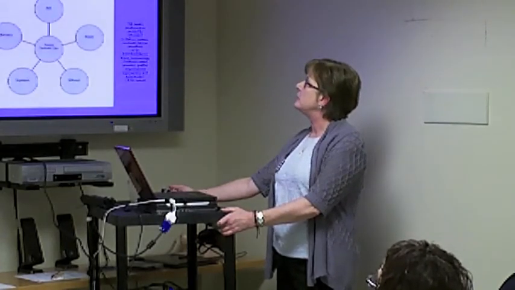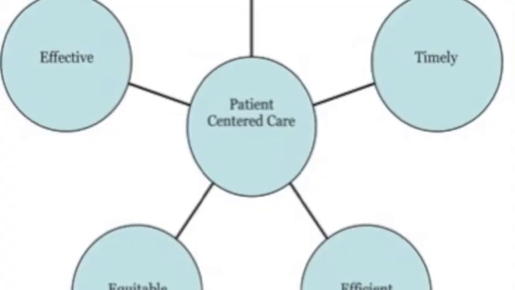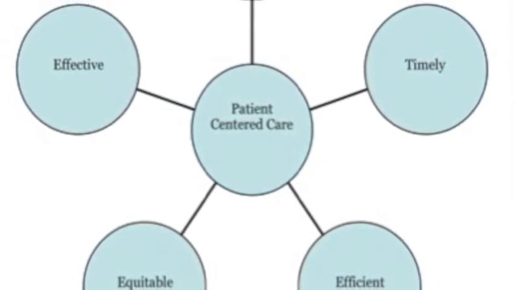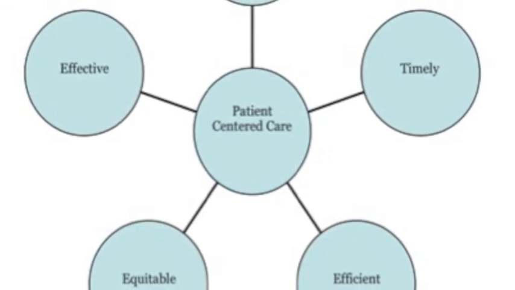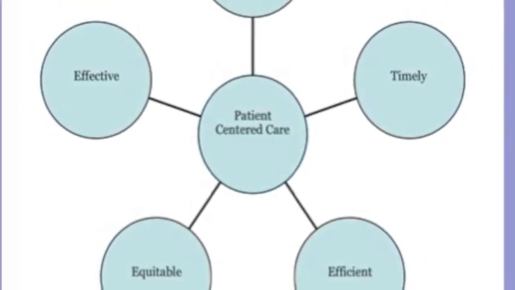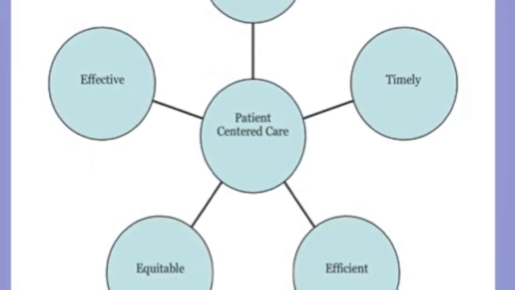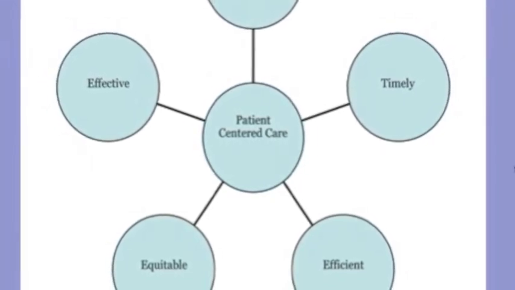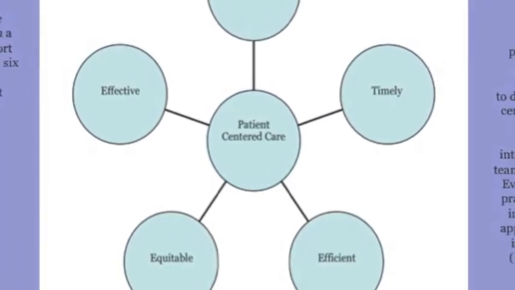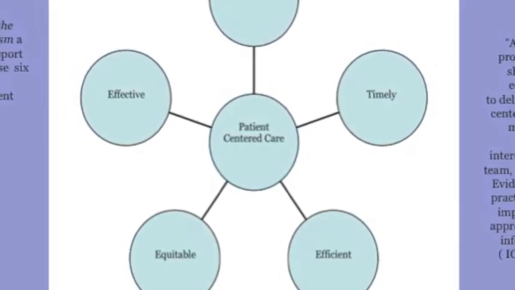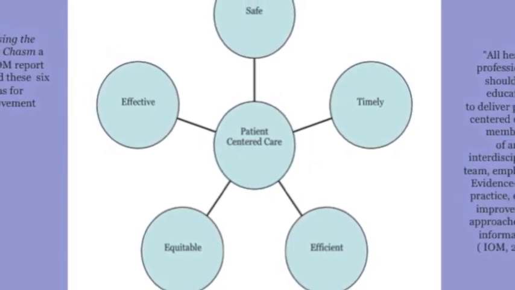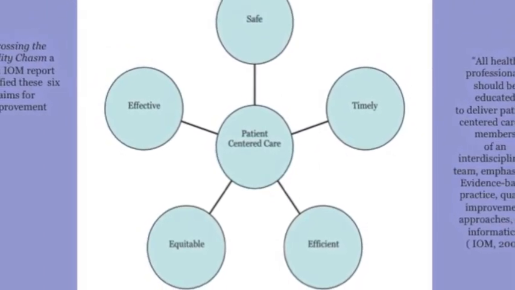So these were the 6 aims of improvement that came out of the 2001 IOM, and I thought it was very important. I arranged this myself because obviously, it's just basically listed, but I put patient-centered care in the middle, and that speaks to then being able to pull in all of the other elements that the IOM says facilities must focus on if they want to have improvement.